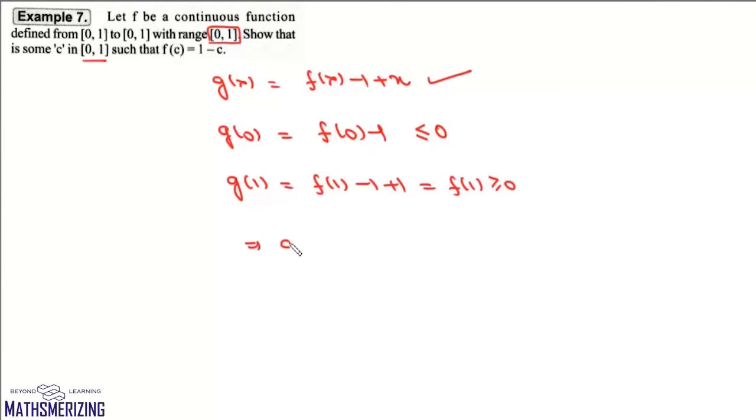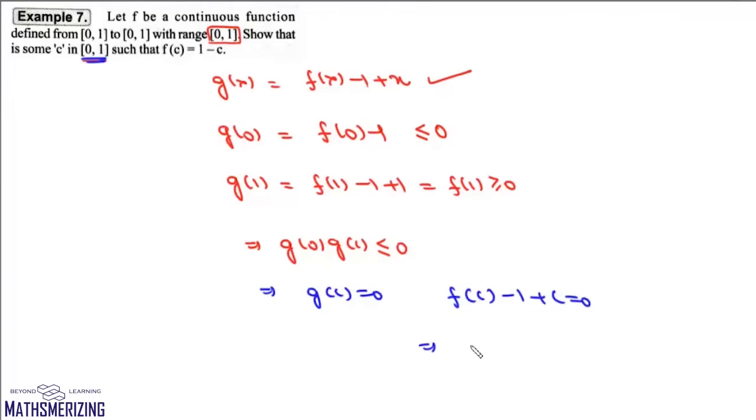So from here we can say g(0) into g(1) is less than or equal to 0. Now from Bolzano's theorem, we can say there exists a point c in [0, 1] such that g(c) is 0. Now if we put g(c) as 0, we can write f(c) minus 1 plus c equals 0, or f(c) equals 1 minus c.